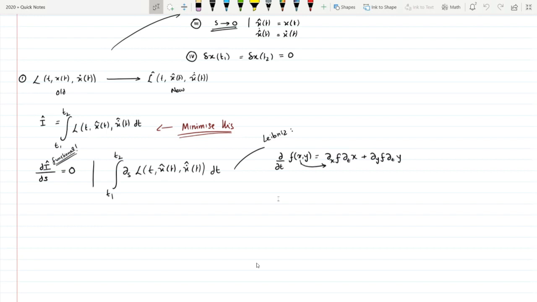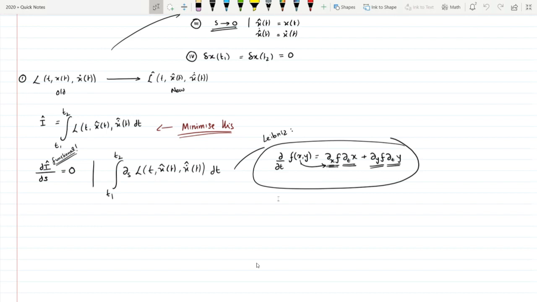I've taken the partial derivative of the function with respect to its first input, and then used the chain rule here. And I've done the same thing on the other side. This is the Leibniz rule. If you're uncomfortable with this, send me a message after, and we can go into why that's true and resources for you to understand. But this is the rule that we're going to be using here.